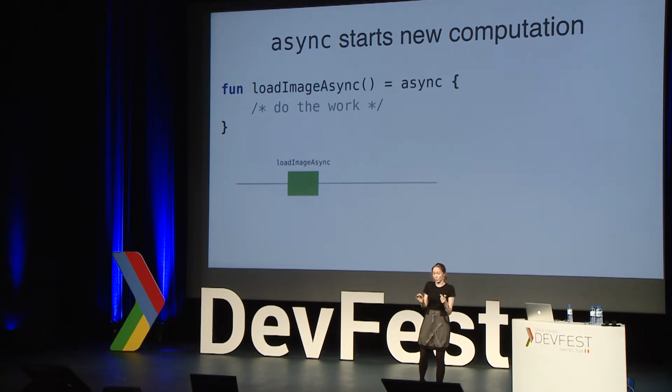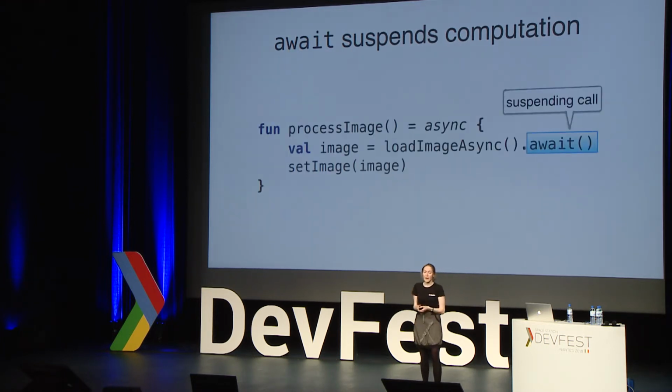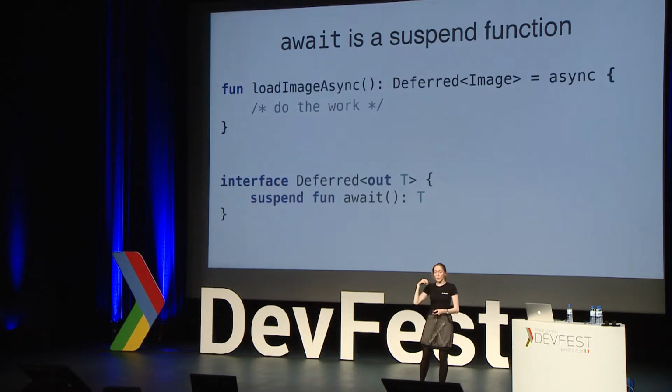We'll later discuss on which thread exactly it should start. And then when we call await on this asynchronous computation, that will mean that this process image computation will be suspended and later restored. If you see how await is defined, you'll find out that it is defined as a suspend function.